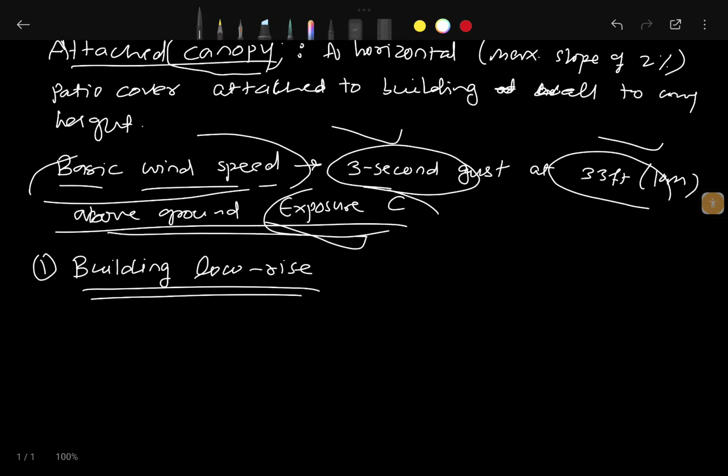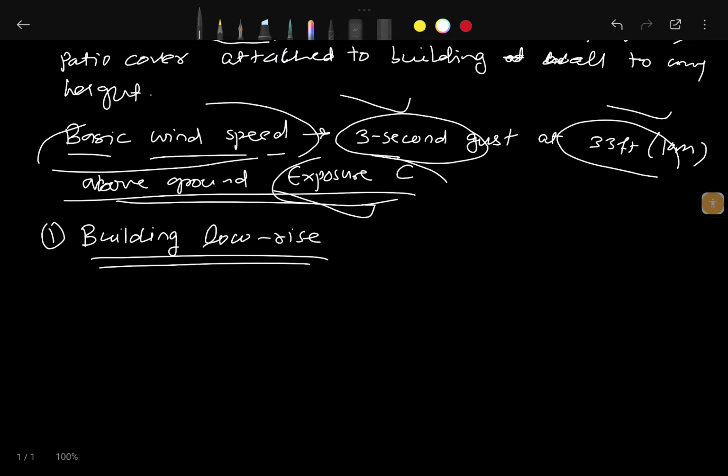For that there are two conditions. If these two conditions are satisfied, then that structure is a low-rise building. The first condition is the mean roof height H should be less than or equal to 60 feet or 18 meters.